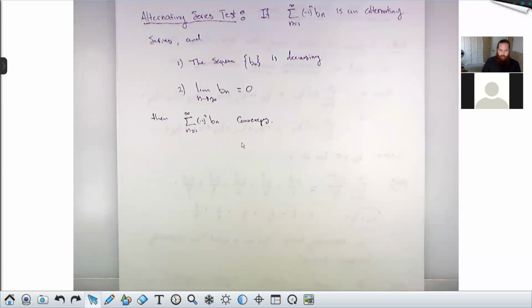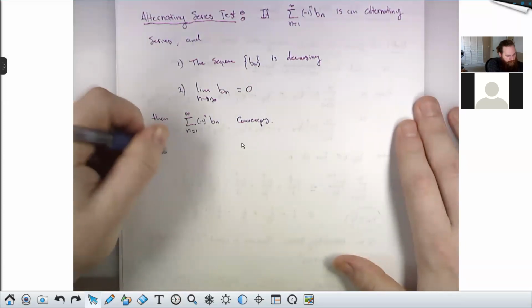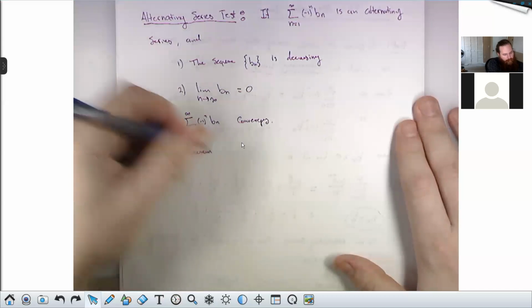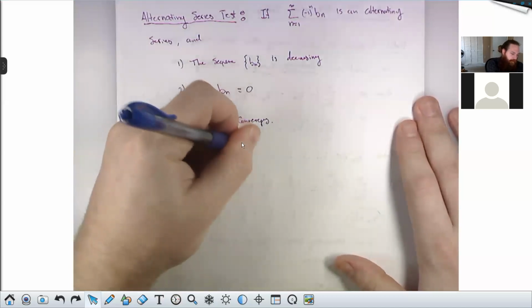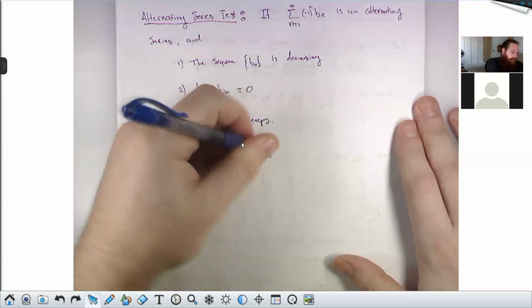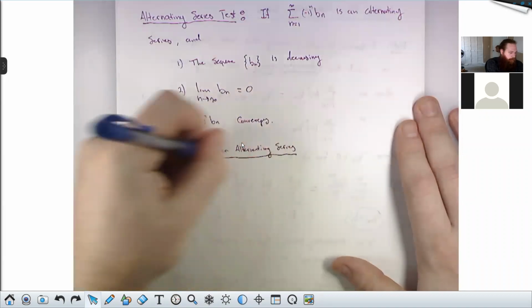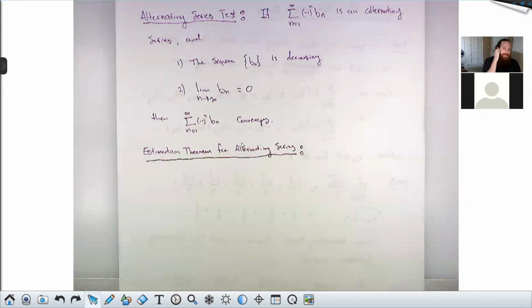But there's more. There's an estimation theorem for alternating series. And this is some good stuff, because it's the first tool that we have for summing series and actually getting an idea for what the series converges to.